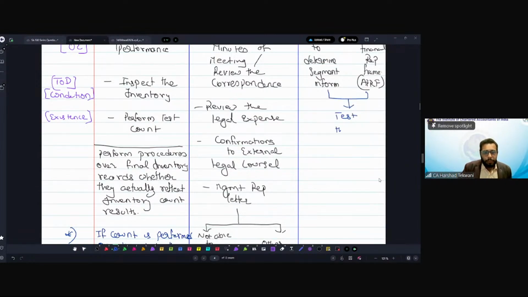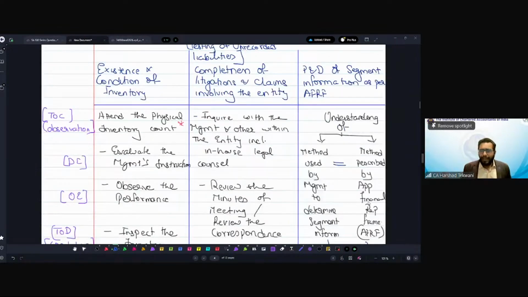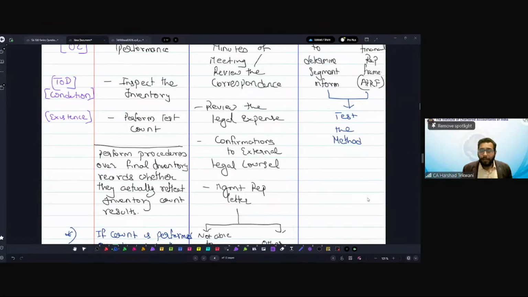And then you need to test the method. Why test? Because once you understand that management has followed the correct method, you still need to see whether they are getting the correct outcome from the method for the segment divisions. So you need to test the application of the method.